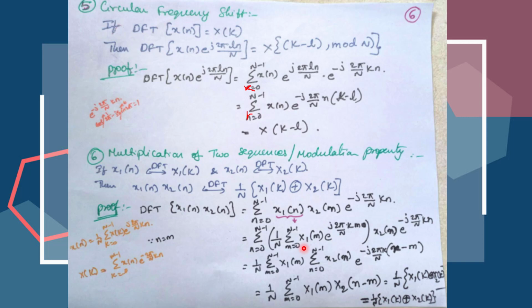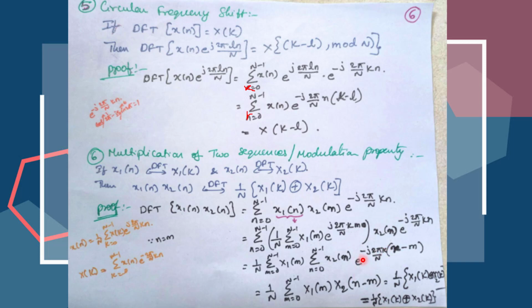Take this term out: 1 by n summation of x1 of m, and then this summation is written here, summation of n equal to 0 to n minus 1 x2 of n, then e power minus j 2 pi by n k into n minus m. So these two e powers can be written like this.